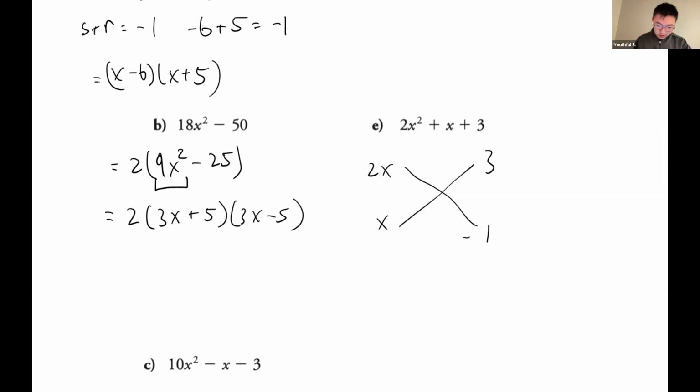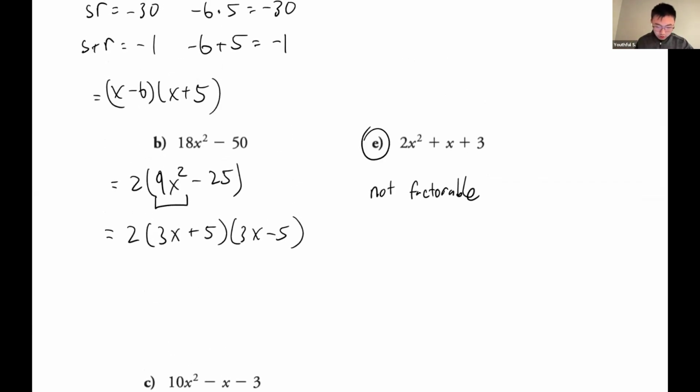Okay, actually, I just realized this is not factorable. So we'll just say not factorable. That's also something they might give you, something that you just can't factor, so you have to recognize when something is not factorable. That's probably why it's the last question as well.